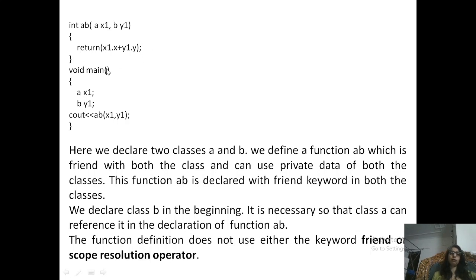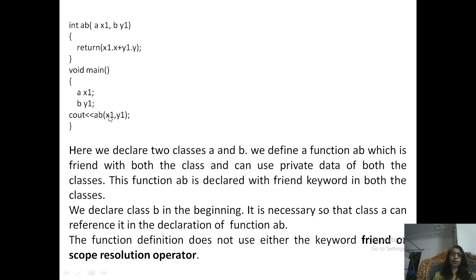So now we came to the main function. Here we declare x1 and y1, two objects of type A and B respectively. Now these two objects x1 and y1 are passed to this function AB, and this function AB is using these objects, and by these objects it can use the data of these objects also.